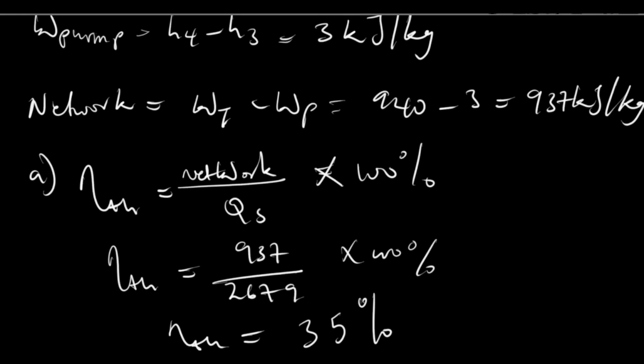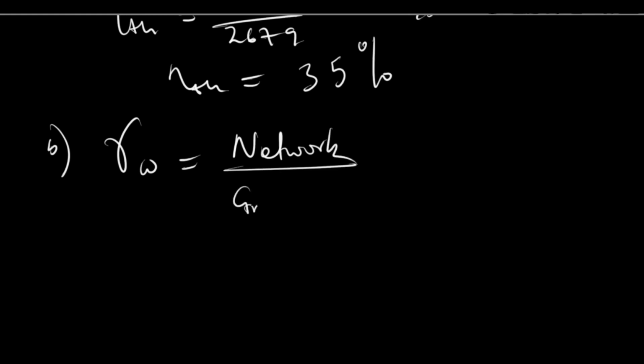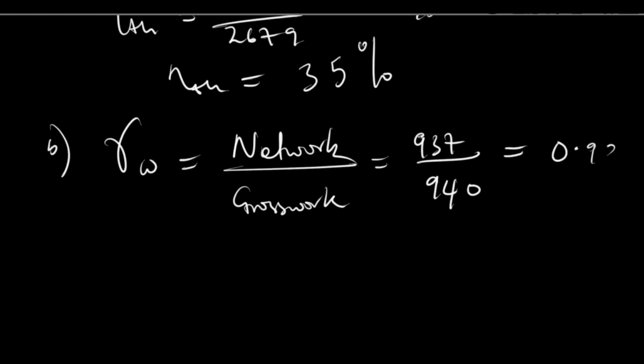The next is the work ratio, which is net work over gross work. The net work is 937 over gross work, which is the turbine work. That will give us 0.997.